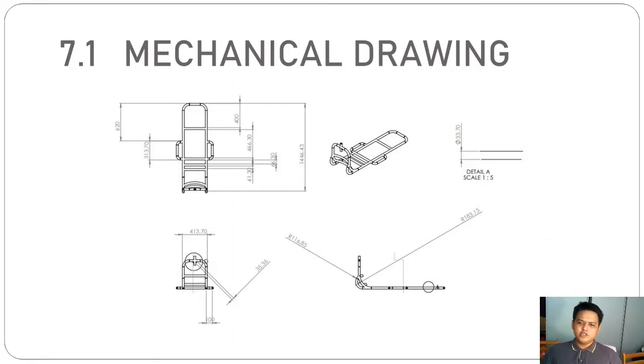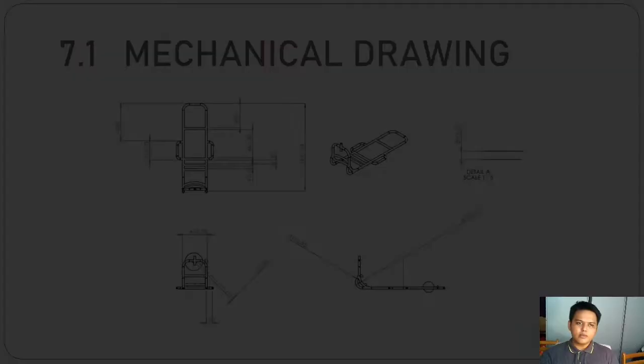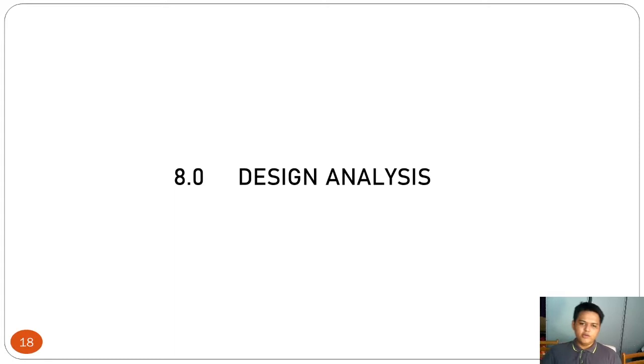As you can see, we use only pipe, with a diameter of 33.70 millimeter, to make our chassis, and the length of the chassis is only 1446.43 millimeter. Okay, then we go to the design analysis.